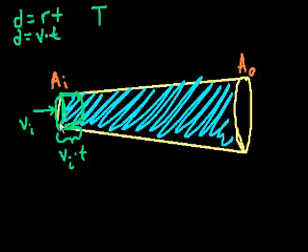So what is the volume of this cylinder of water? So the volume in, over the t seconds, is equal to the area, or the left-hand side of the cylinder. Let me draw the cylinder in a more vibrant color so you can see what we're trying to figure out the volume of.